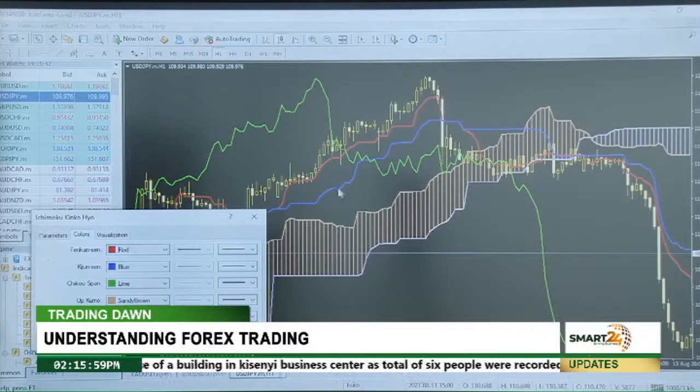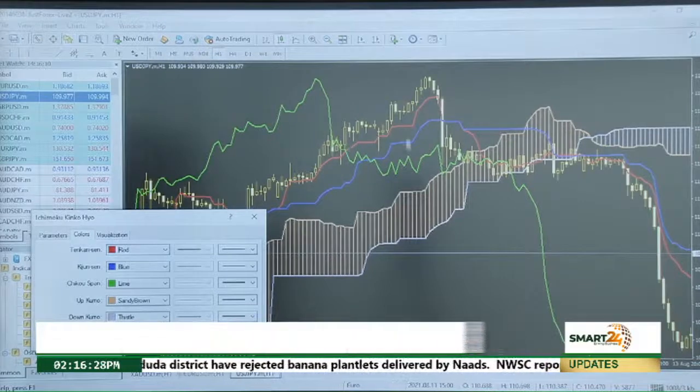Now, there are two other indicators here which look like moving averages. The red one is the Tenkan Sen and the blue one is the Kijun Sen. When the Tenkan Sen is above the Kijun Sen, when red is above blue, you're having an upward movement. So here it's still bullish, but the Chikou Span has already gone below price, so you have to start watching out for a reversal.